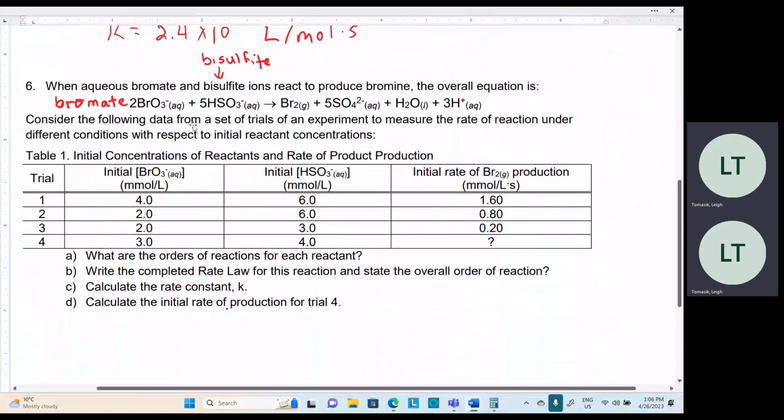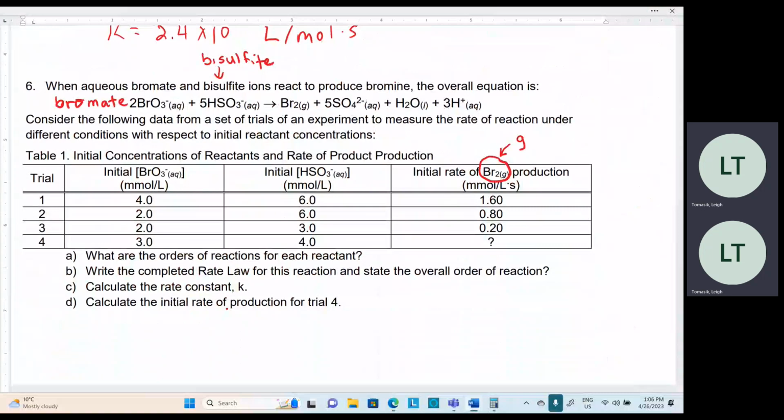It says, consider the following data from a set of trials of an experiment to measure the rate of reaction under different conditions. Because bromine is the only gas, it's easiest to measure the rate of this equation by looking at the amount of bromine gas.